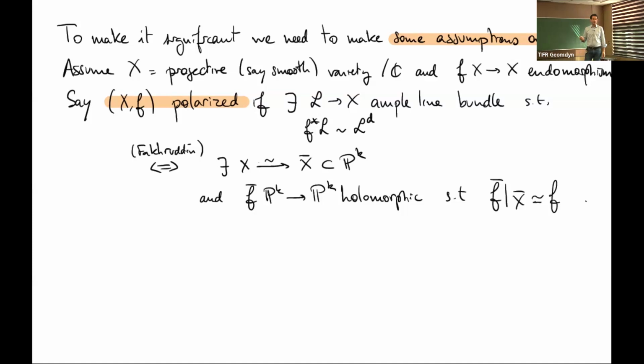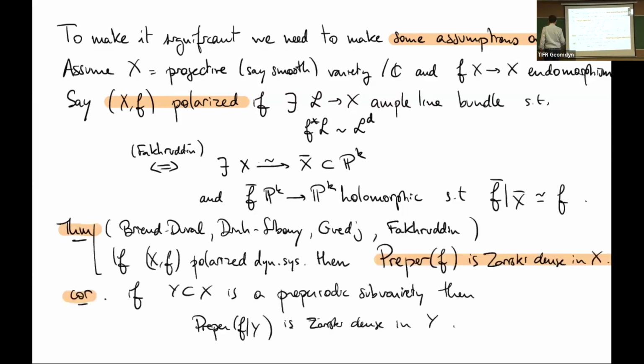This is polarized by definition. And in particular, being polarized is invariant under taking restrictions to periodic subvarieties. So if you have a polarized dynamical system and you restrict to some invariant subvariety, then it is still polarized.